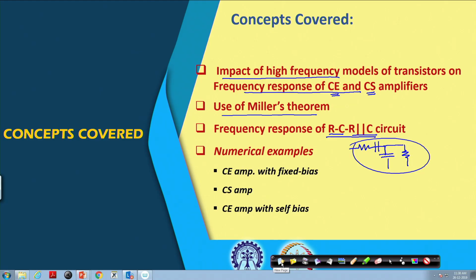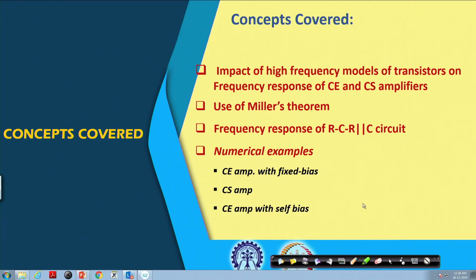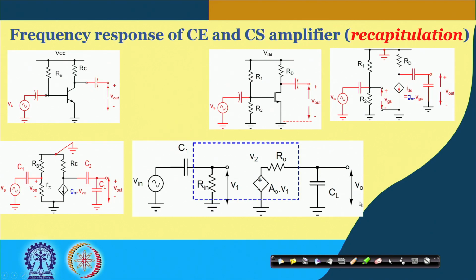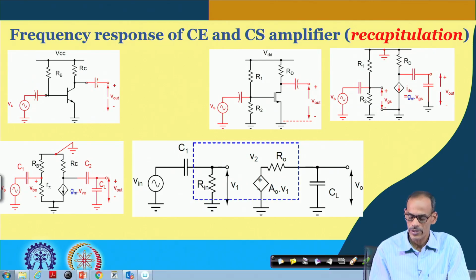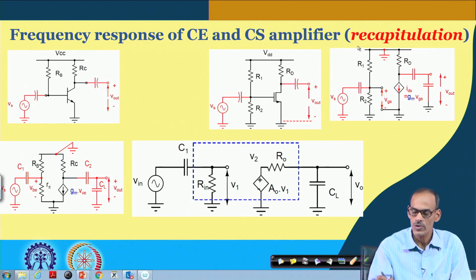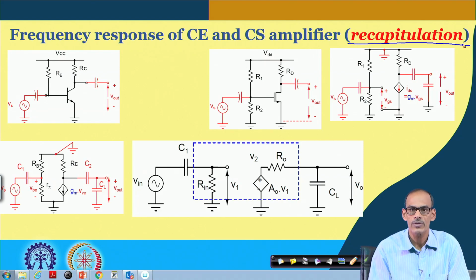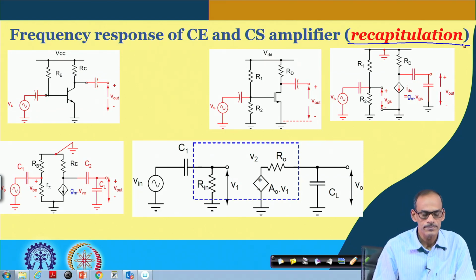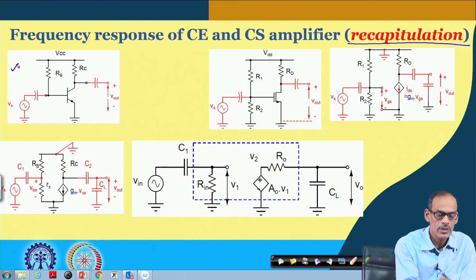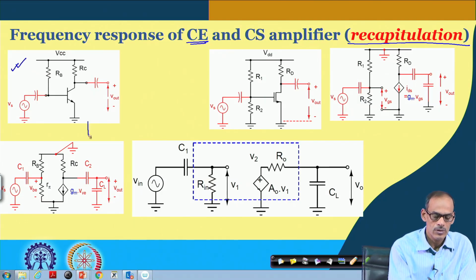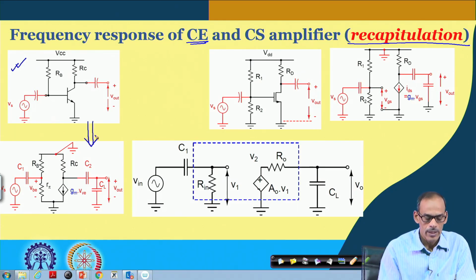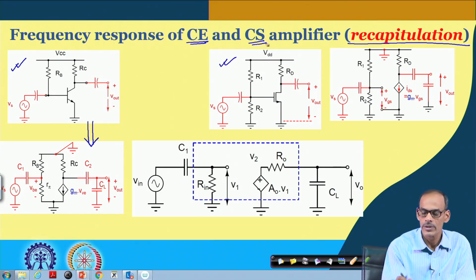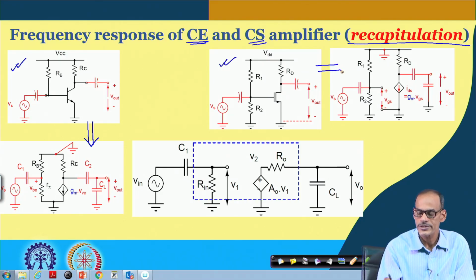So, let me look back at the frequency response we have discussed for common source and common emitter amplifiers. This is a recapitulation of whatever we have discussed so far. Here we have the CE amplifier, and here is the corresponding small signal equivalent circuit. Likewise, here we have the common source amplifier and its corresponding small signal equivalent circuit.